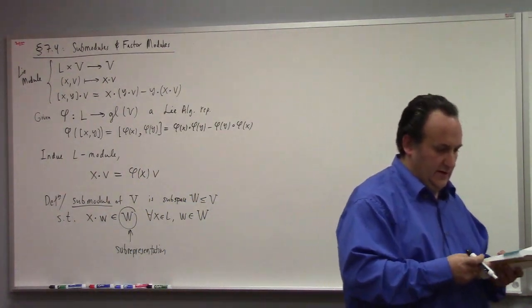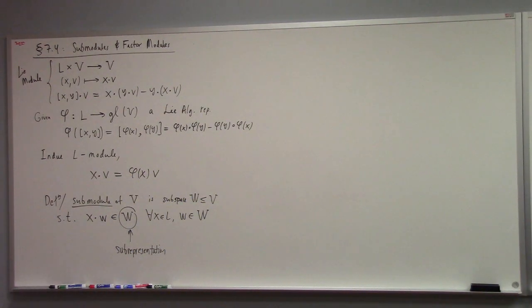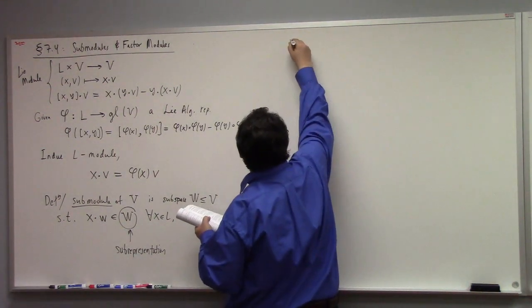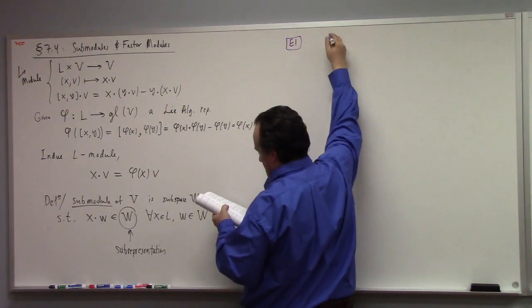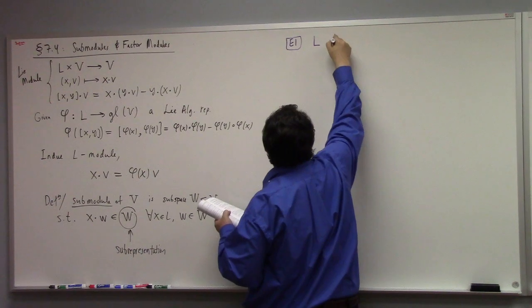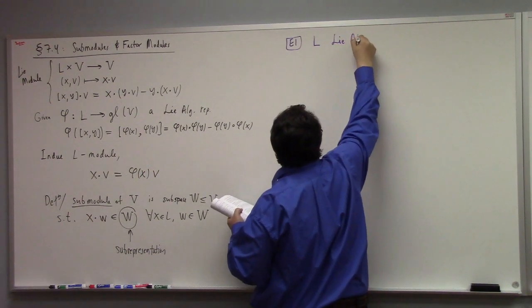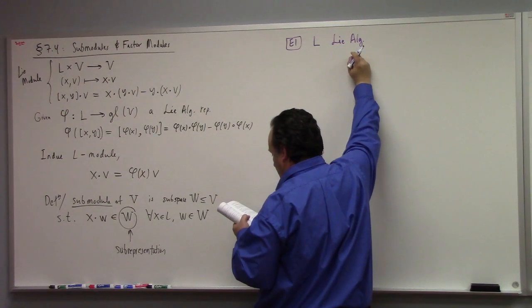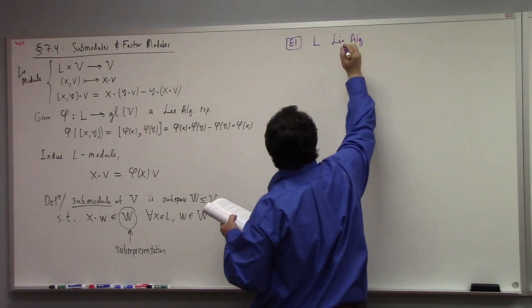Let me write down his examples. So let's see here what we got. Example 1, which is his example 7.4, is like: L a Lie algebra. Make it into an L-module by the adjoint representation.